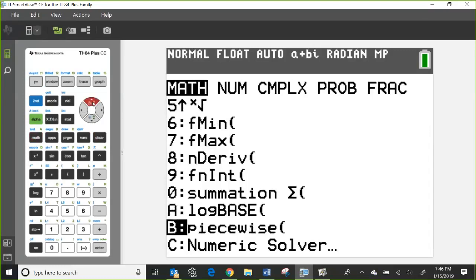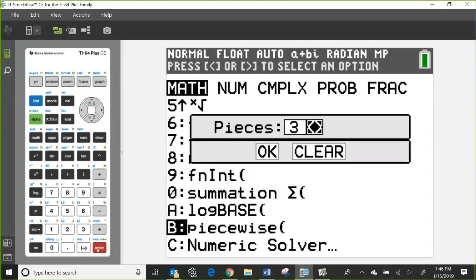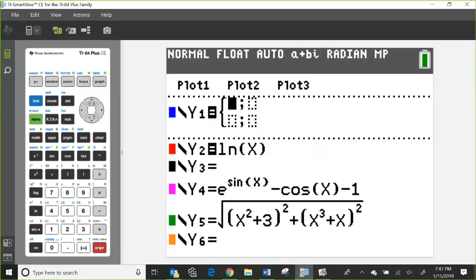This is beautiful, guys. This is really the newest thing that I just enjoy. So you've got a piecewise function. It asks you how many pieces. We knew we had 2 of them. So I'm coming down to OK and press OK. And now look at it. Vicky's exactly right. It looks exactly like what she just had.